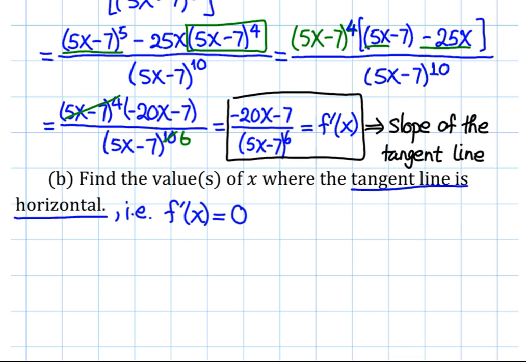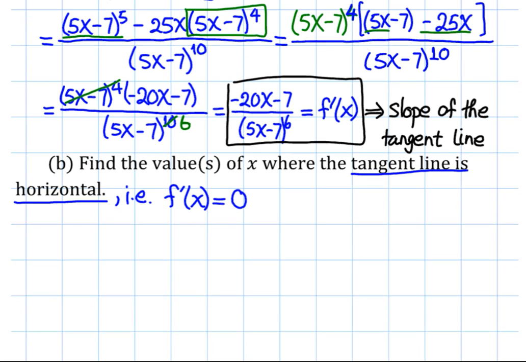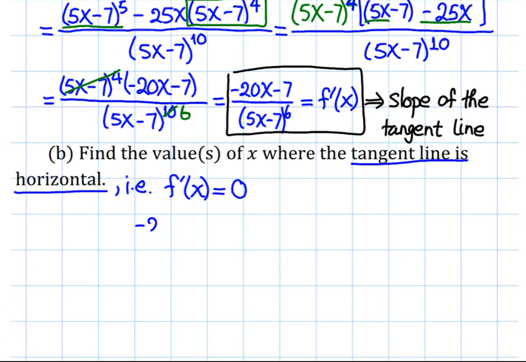That's because the derivative is the slope of the tangent line, and the slope of a horizontal line is equal to 0. So we have the derivative, negative 20x minus 7 over 5x minus 7 to the 6th power, equal to 0. For this rational function to equal 0, the bottom cannot be equal to 0, because if 5x minus 7 equals 0, dividing by 0 is undefined.